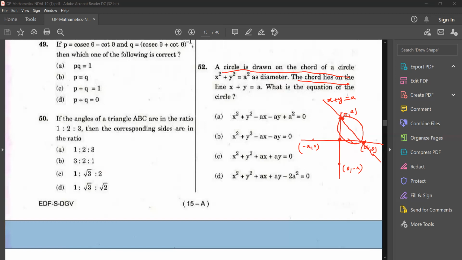You have to find the equation of the circle. Please try how to find the equation of the circle. Tell me what will be the center of the circle. The center of the circle would be this point, isn't it? And what will be the radius? You have to find the radius also. Please try, all of you.